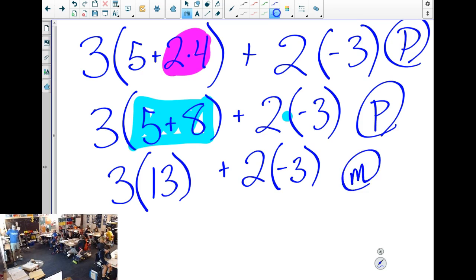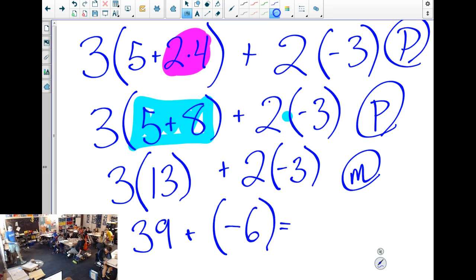So if I say I'm going to multiply on this step, I can do both. I can do my 3 times 13 is 39, plus 2 times negative 3 is negative 6. Right? So my bad guys take out 6 of my good guys, and I end up with 30.